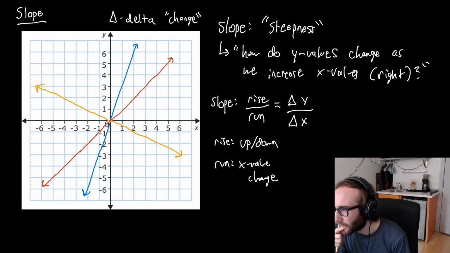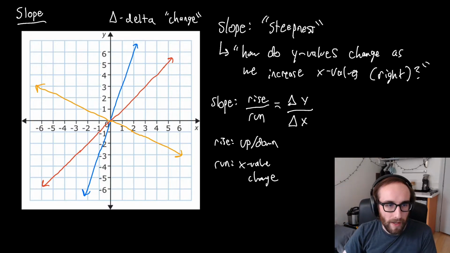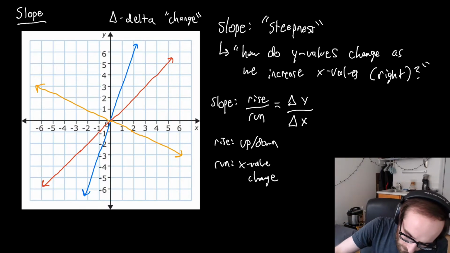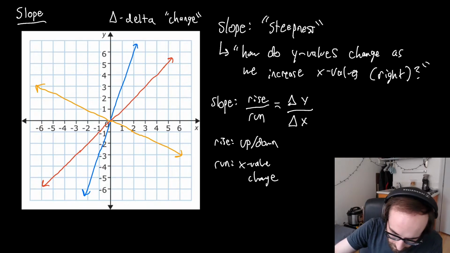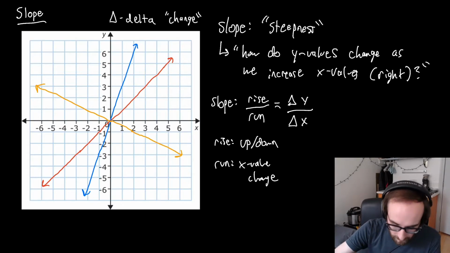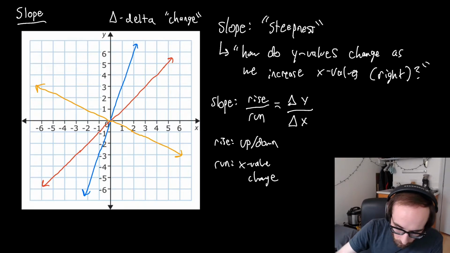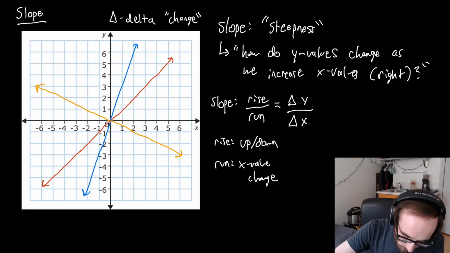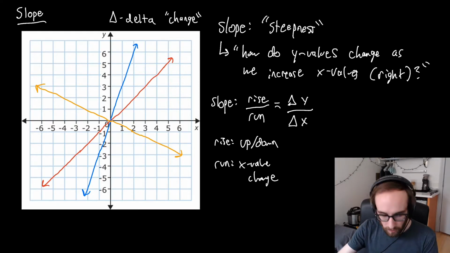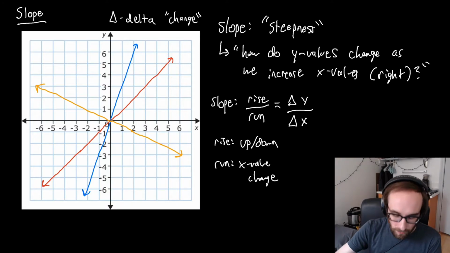Okay, so let's take a look at a few of the lines listed on the left there. So first, looking at the blue line. As you can see, we start at 0, 0 for all of these. And what we could do for all of these is look as we go to the right, how much do our vertical values change?